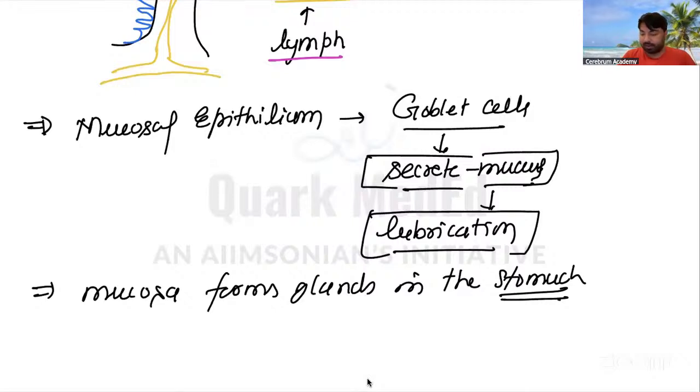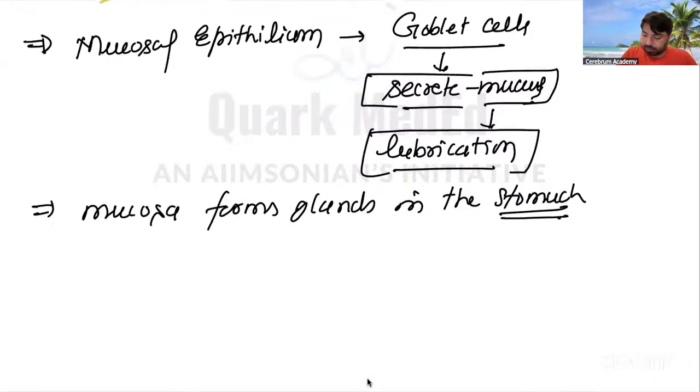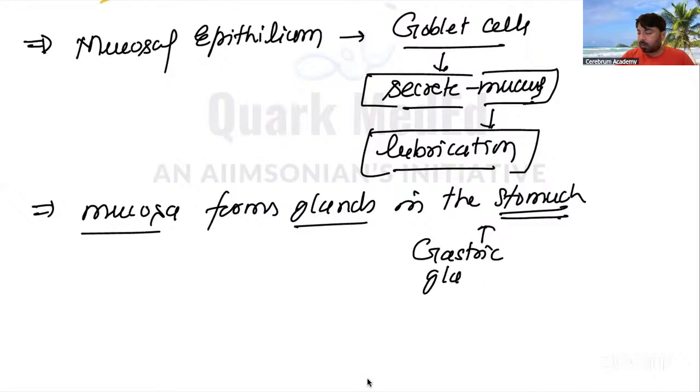So it is different. Mucosa forms glands in the stomach, and these glands are called gastric glands.